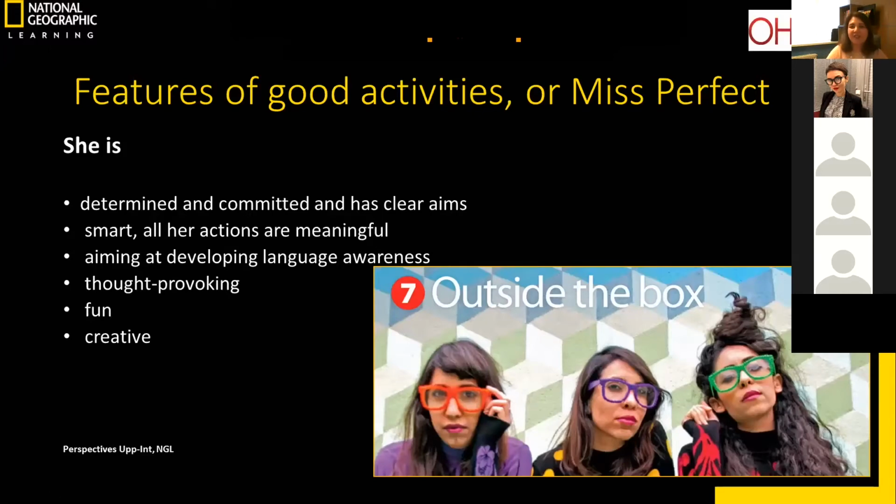As I mentioned at the beginning of the session, we will outline a few features, but it doesn't mean that these are all of them. Talking about Miss Perfect, she is determined and committed and has clear aims in her life. Our good activities also have clear aims.